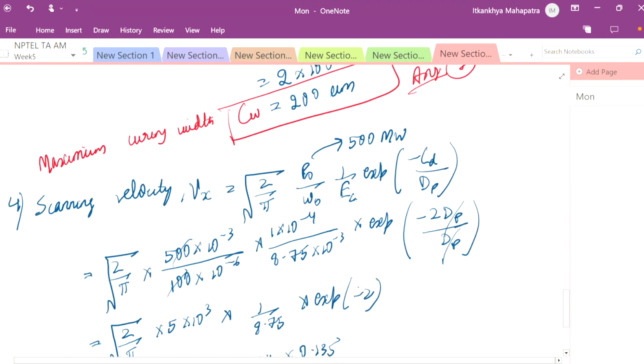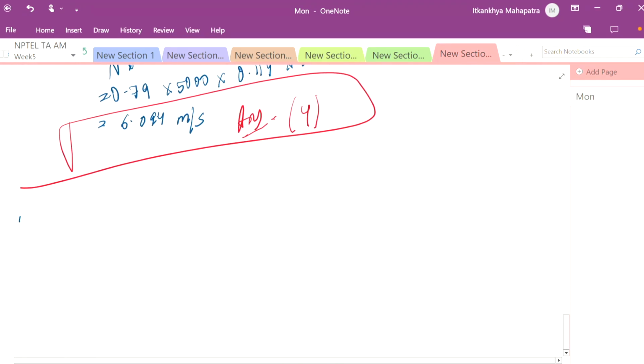For this we have one more formula which you must have come across in the lecture videos.